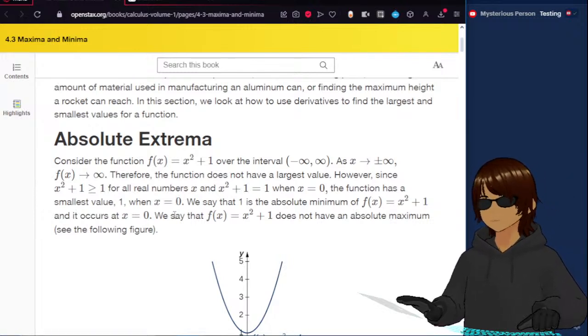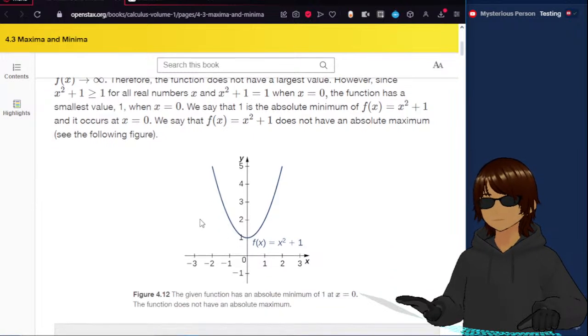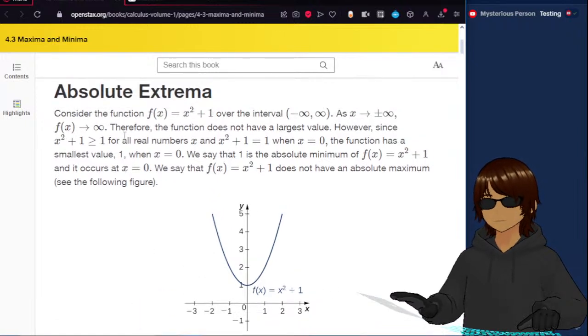Okay. Consider the function f of x is equal to x squared plus 1 over the interval minus infinity to infinity. As x goes to plus infinity and minus infinity, f of x also tends to infinity. Therefore, the function does not have a largest value.